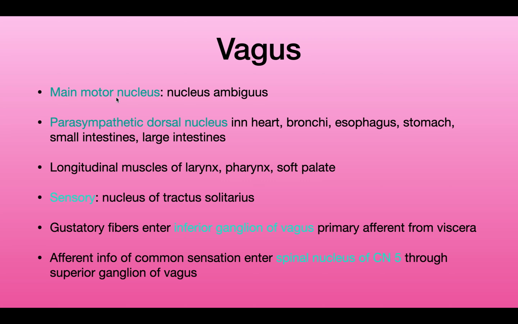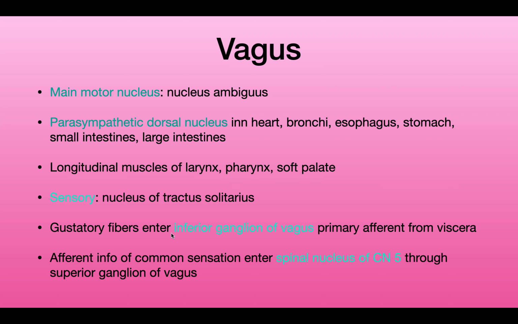Cranial nerve number 10 has the nucleus ambiguus, which is the main motor nucleus. The parasympathetic nucleus is going to innervate the heart along with a bunch of soft tissue organs. It makes up the longitudinal muscles of the larynx, the pharynx, and the soft palate, and there's the nucleus of the tractus solitarius.